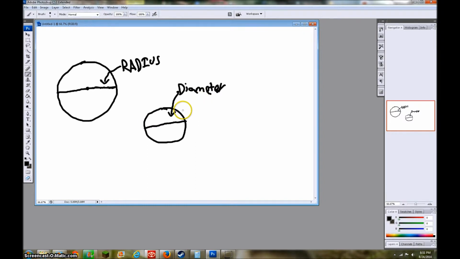This right here is the diameter, and this is the radius. And the circle around it, for demonstration purposes, is the circumference.